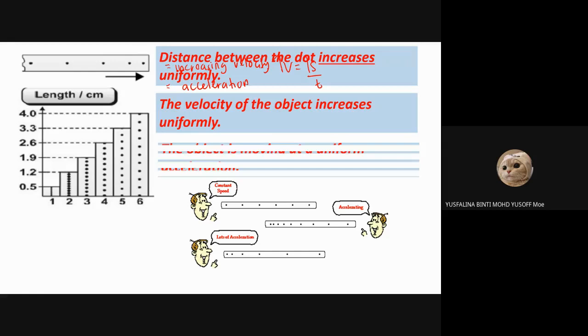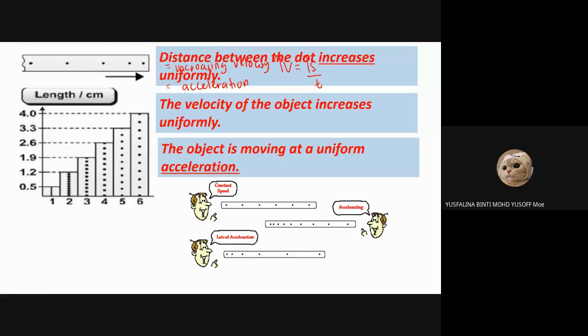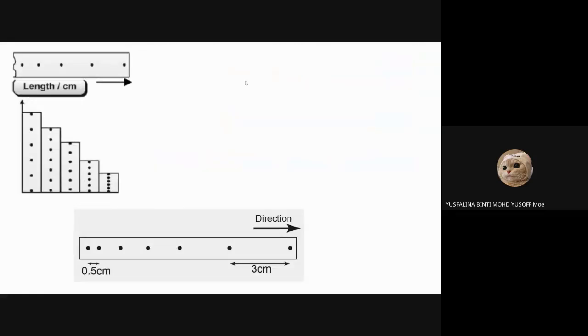For this one, you can see the distance is decreasing. V equals S over T, and the direction of the motion is to the right, so this part comes out first. The displacement is decreasing, so the velocity is also decreasing.